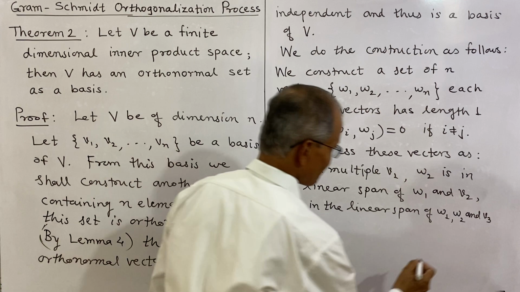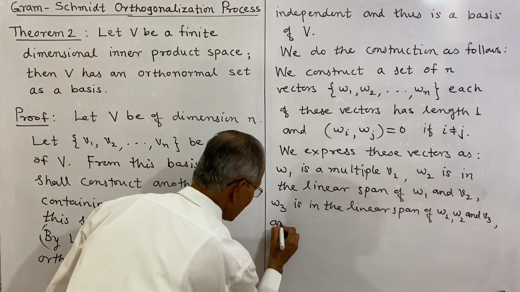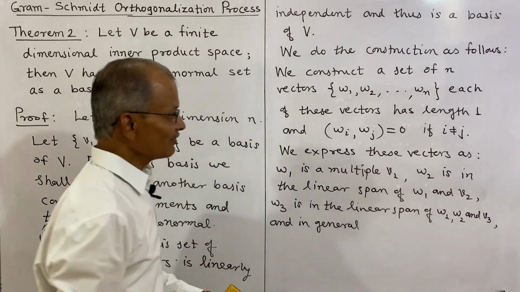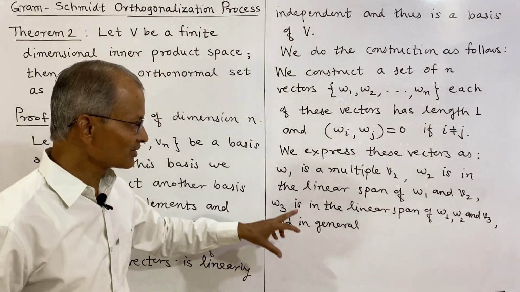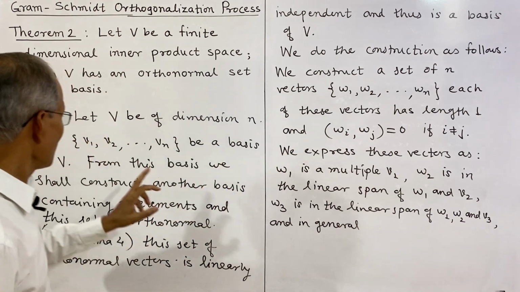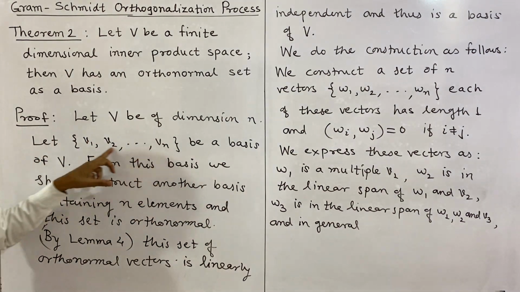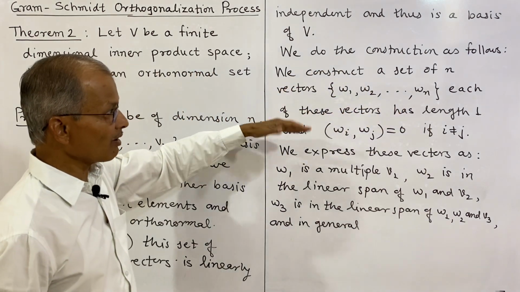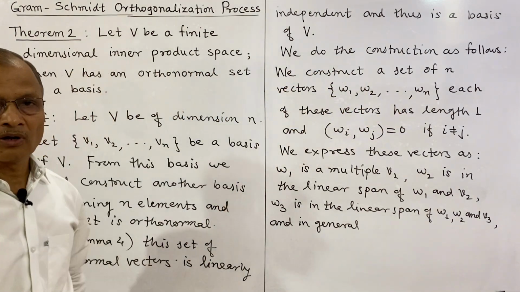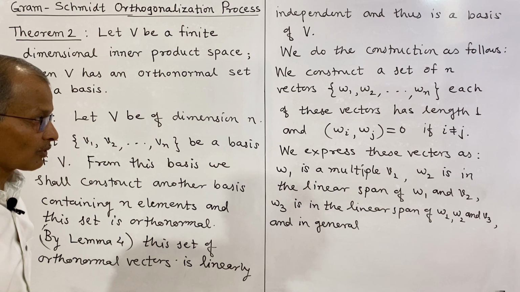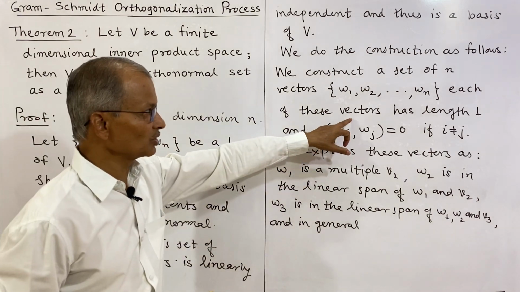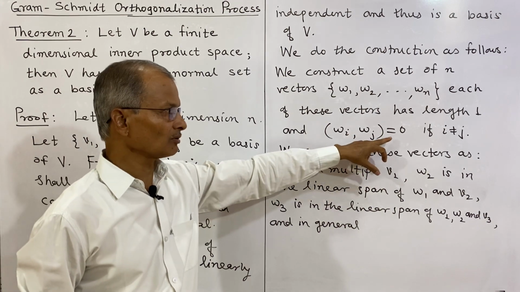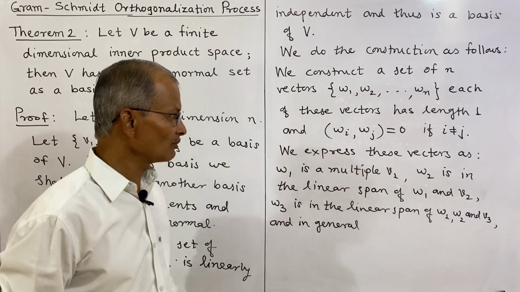And in general, now you see we are writing the procedure, how to express these vectors. From the given basis, we want the vectors w1, w2 and so on up to wn. We have the condition that the length of each vector is 1 and they are pairwise orthogonal if i is not equal to j.